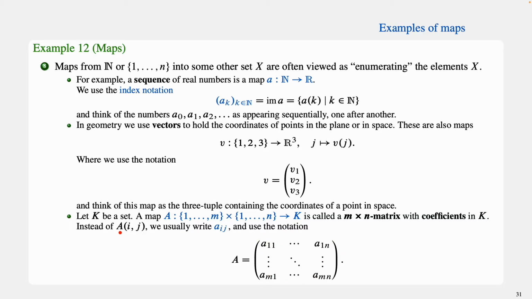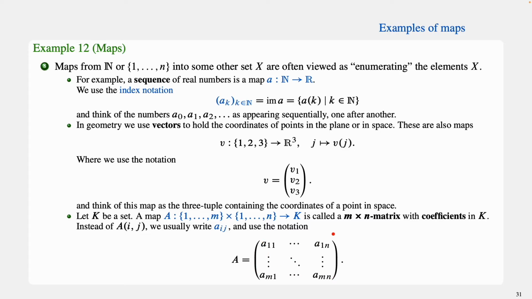So instead of writing A of (i, j), where i would be taken from this set and j would be taken from this set, we usually write A index ij, so we use the small letter corresponding to the name of our matrix. And this we call the coefficients of the matrix.